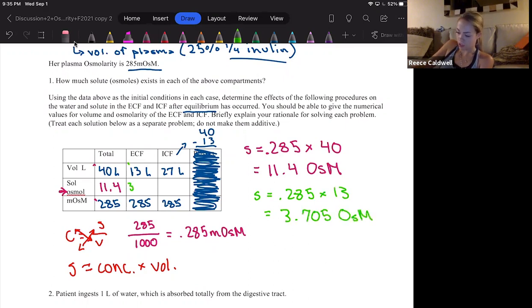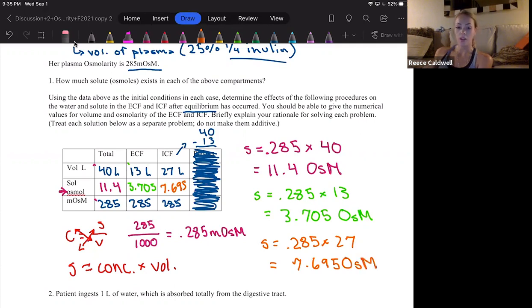We put that in our chart as well. Then for the last one, solute equals concentration times volume, and when we solve that out, we get 7.695 osmoles. All right, so we have now completed number 1.